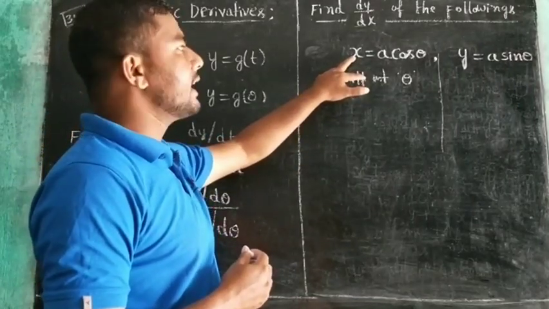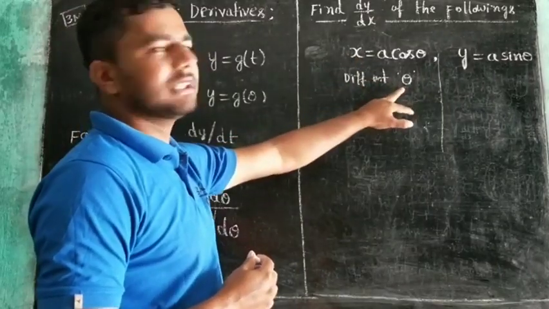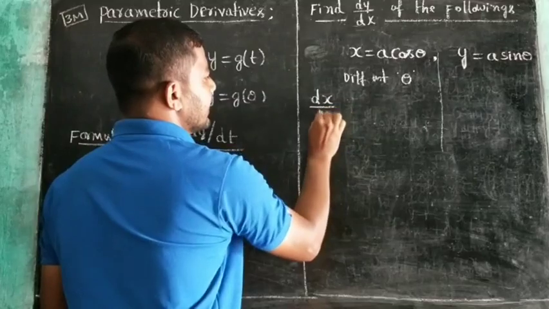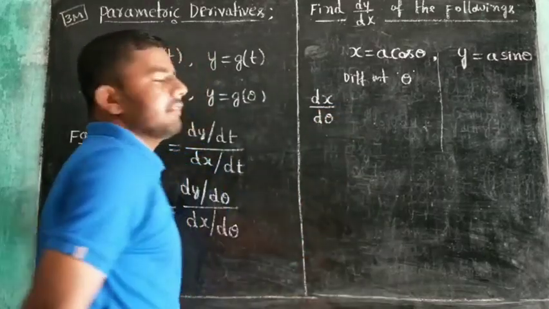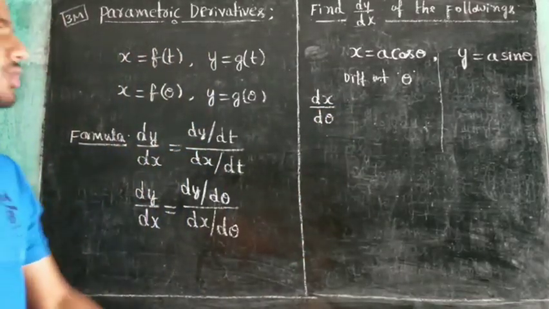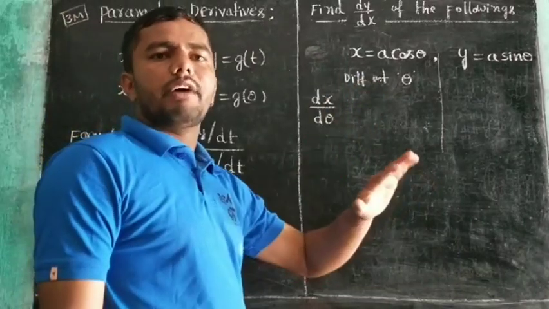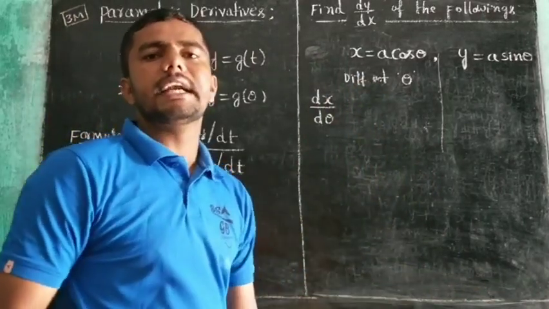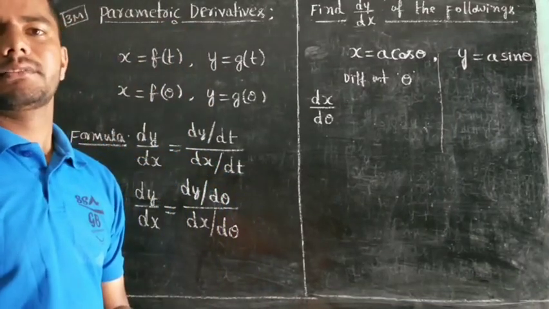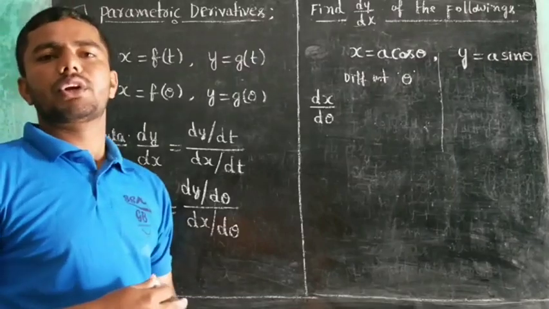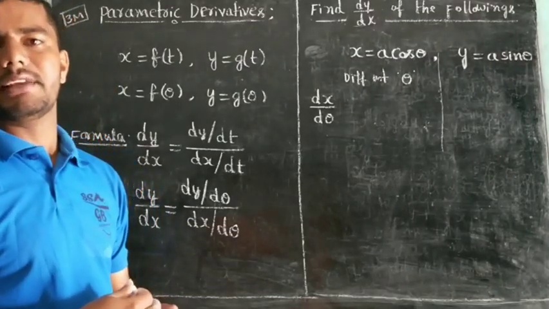Then the derivative of x with respect to theta is dx divided by d theta. Did you understand? For example, the derivative of y with respect to x is dy by dx. The derivative of x with respect to y is dx by dy.